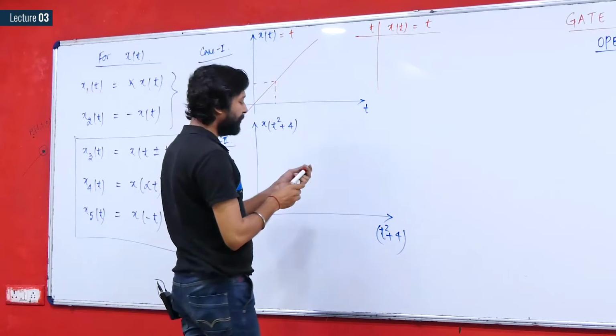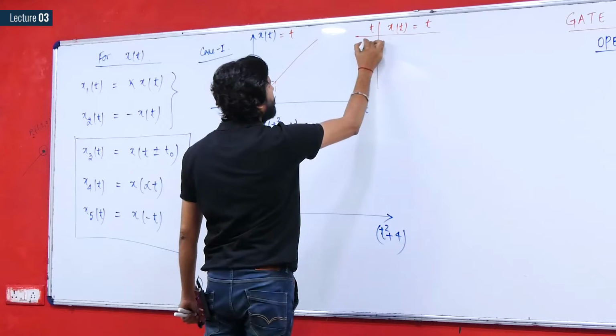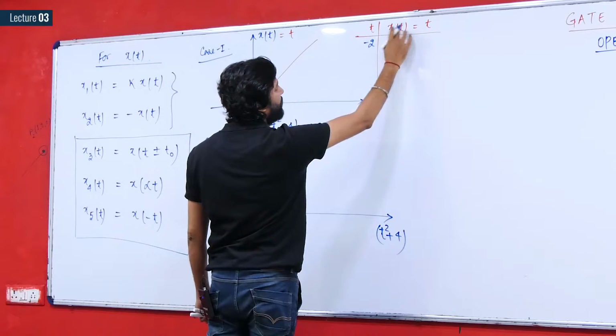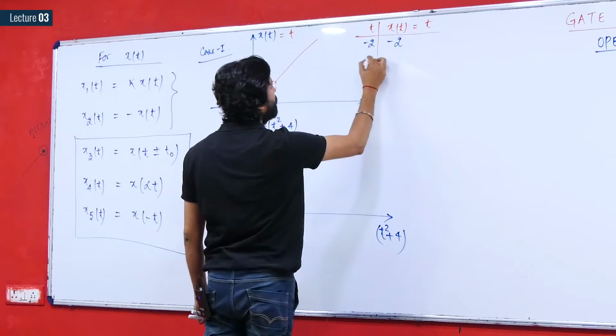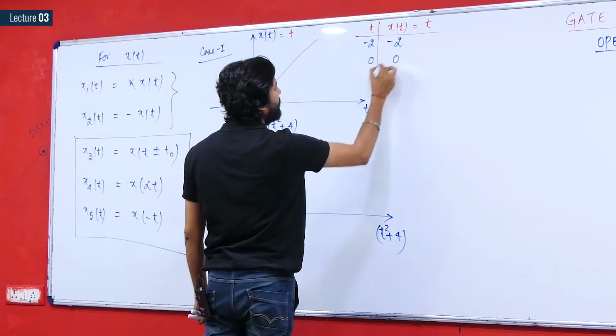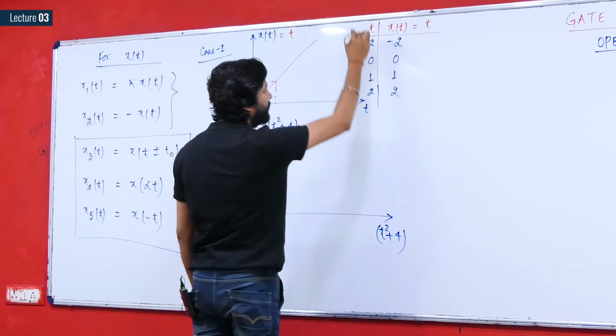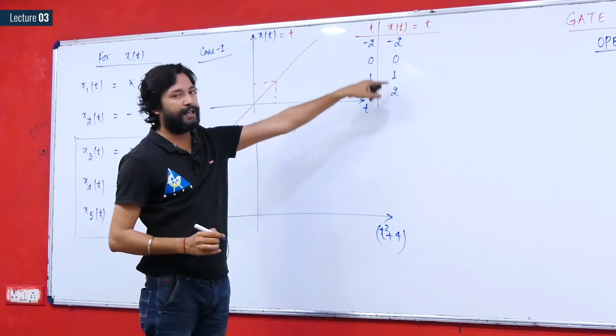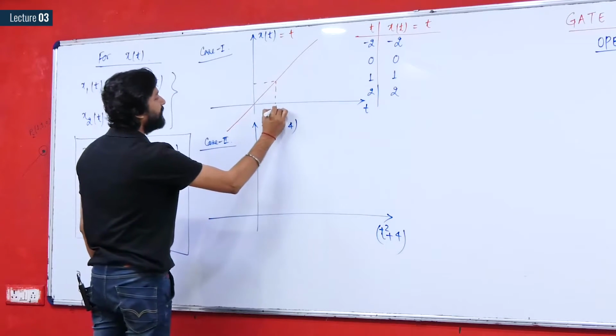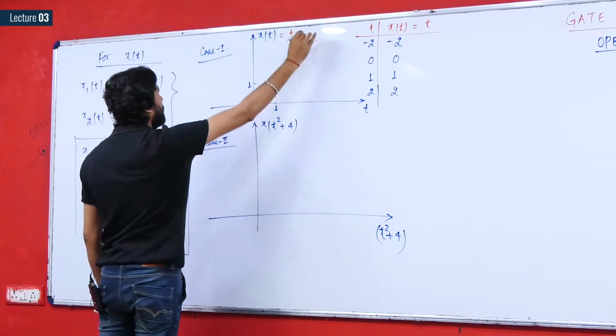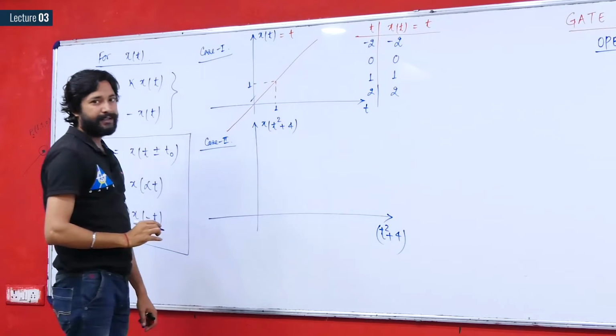Therefore, whatever value you take for t, if t is equal to -2, then the function value will also be -2. At t equals 0, you get 0, t equals 1, you get 1, t equals 2, you get 2, and so on. If you take all of these points, you are going to get a straight line. It is the graph of x of t equal to t.